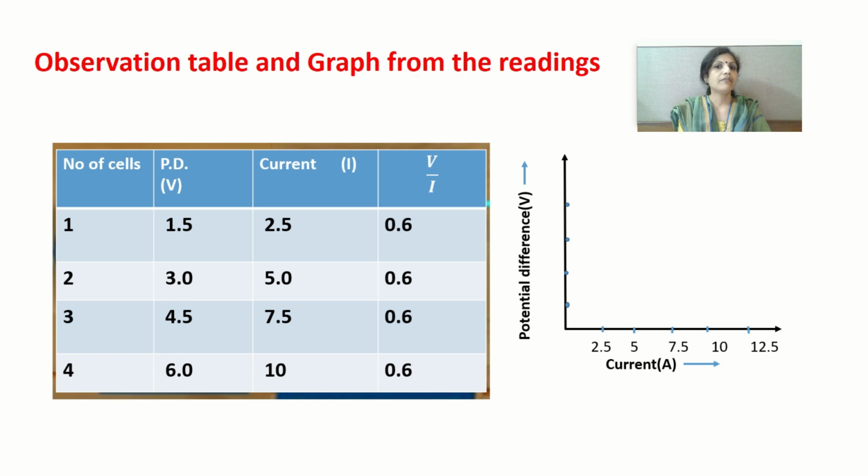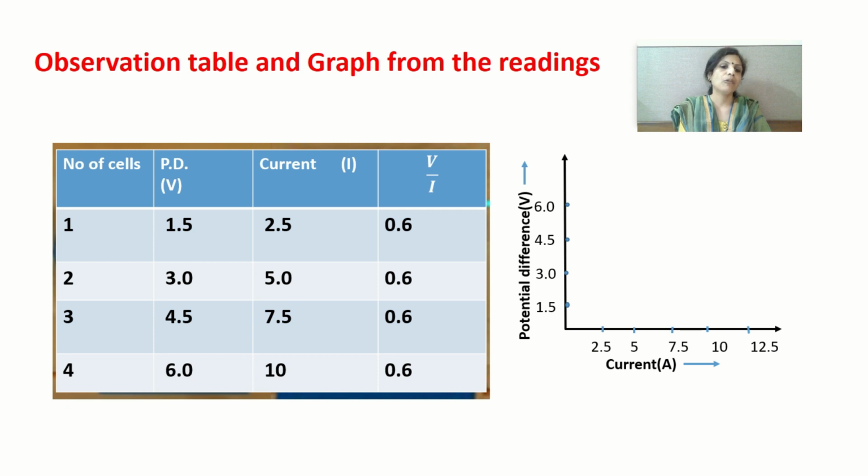Along the y-axis we have taken potential difference, so our scale is 0 as origin, then 1.5, then 3, then 4.5, then 6. Alright, so we have written the scale on the x and y axis.